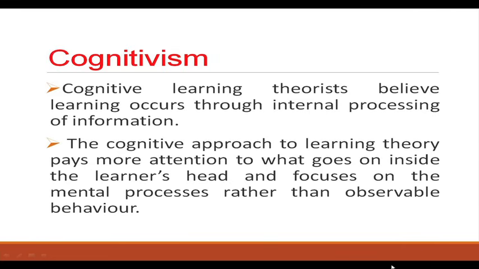So, cognitive information processing is used when the learner plays an active role in seeking ways to understand and process the information he or she receives and relate it to what is already known and stored within the memory. Cognitive theory was created by Jean Piaget, and cognitive learning theories believe learning occurs through internal processing of information.